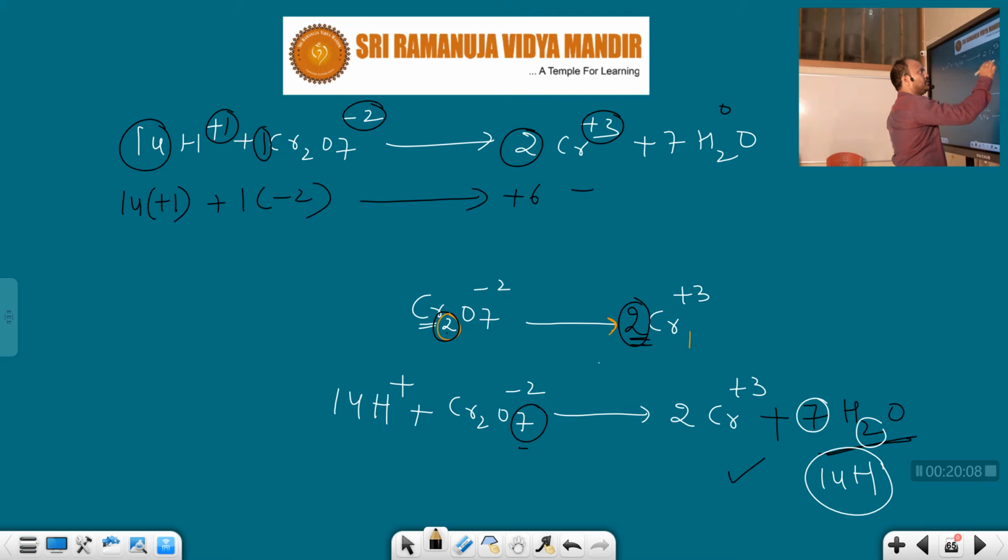Compounds are always electrically neutral, so 7 into 0 is equal to 0. Students, have you understood or not? I hope you are very clear. This is a very easy step: 2 into plus 3 plus 7 into 0. So this is 14 minus 2 gives rise to 2 threes, 6 plus 0.